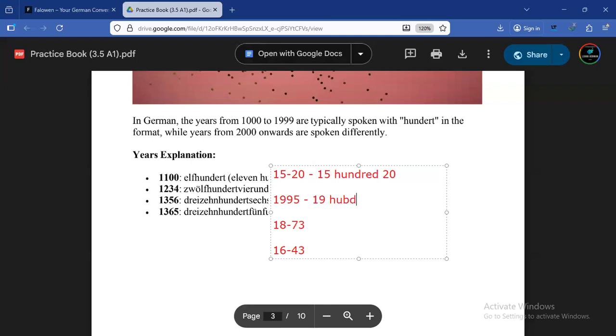So 1995 is going to be nineteen hundred ninety-five. How will you say that in German? Please say it well.